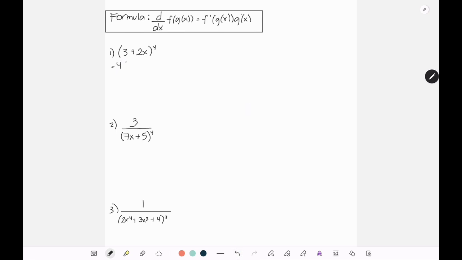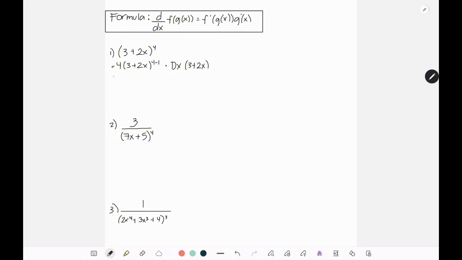So it will be 4. And then copy lang ulit natin, 3 plus 2x raised to 4. So yung 4 natin, minus 1. And then times the derivative of 3 plus 2x.